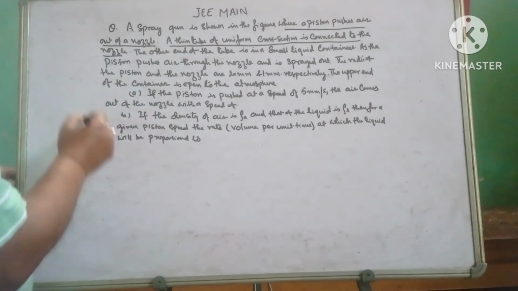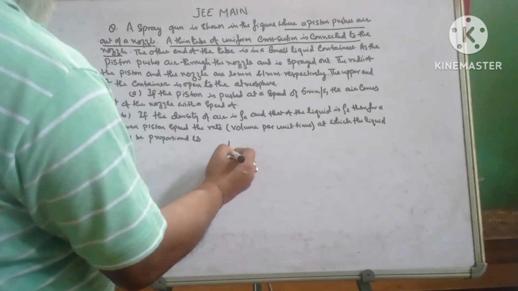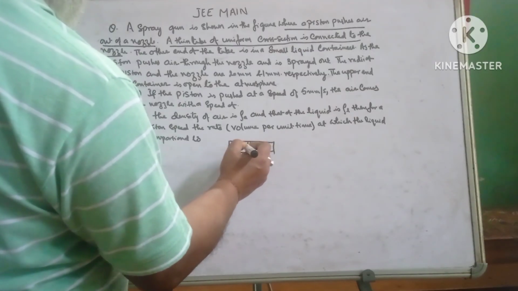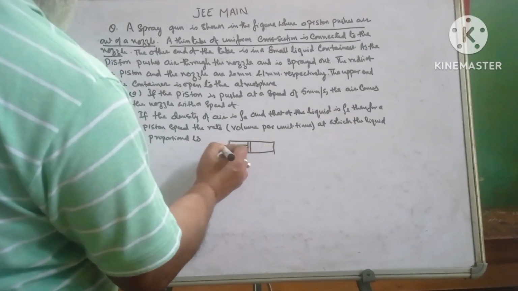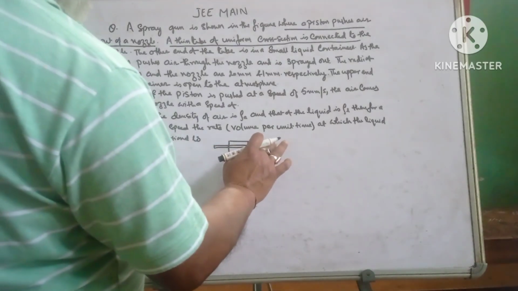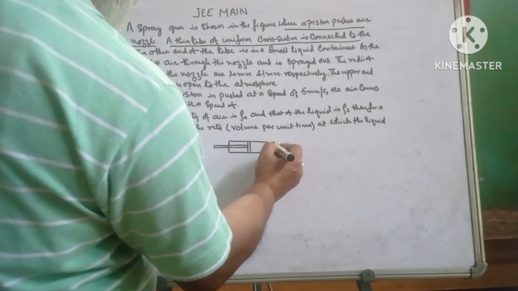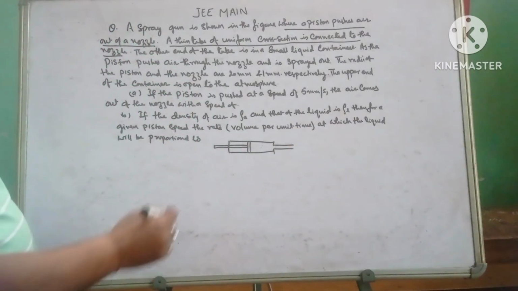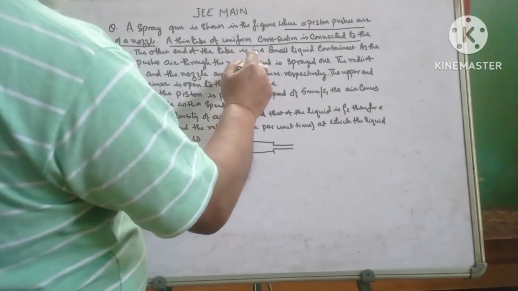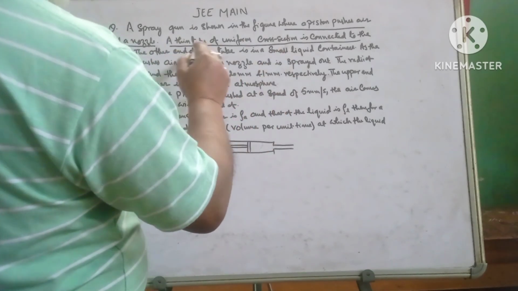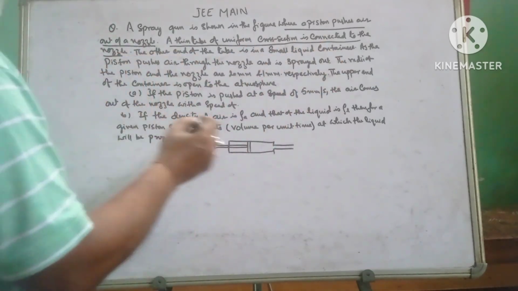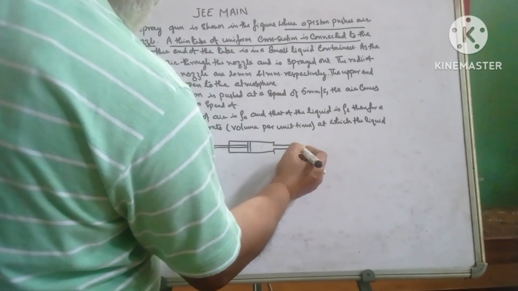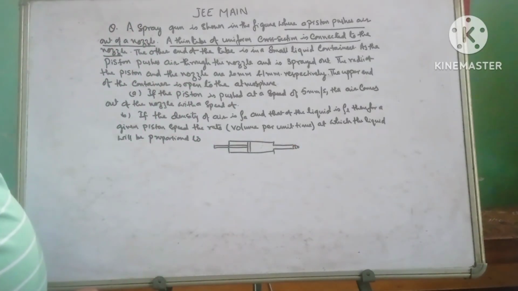That means your figure is somewhat like this: a cylinder and a piston, and the tube is connected to the nozzle.